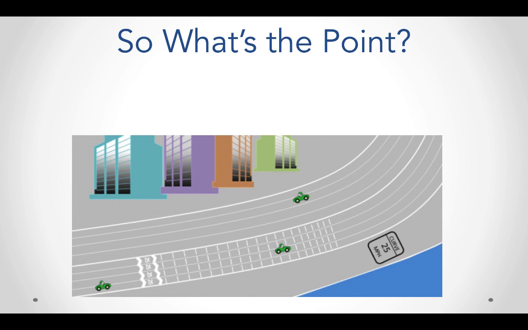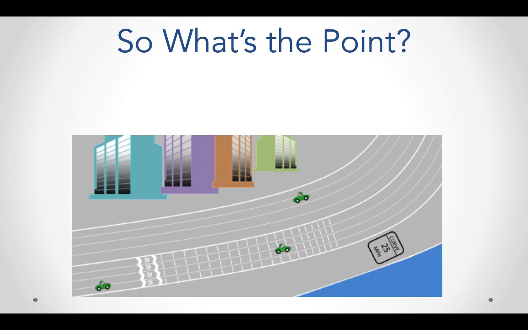So what is the point, right? This is a picture of Lakeshore Drive, by the way, going northbound on Lakeshore Drive. There's a curve that is kind of steep, almost 90 degrees around the Drake Hotel, and there is a sign that says 25 miles an hour, but people don't necessarily see it, right?